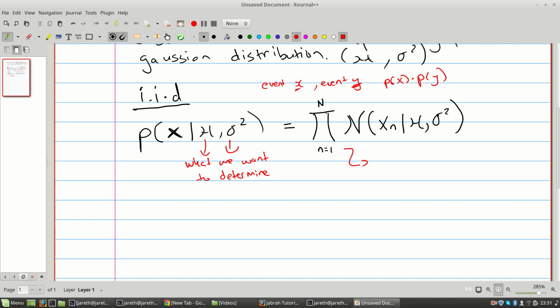Well, we do that by maximizing the likelihood of this event.